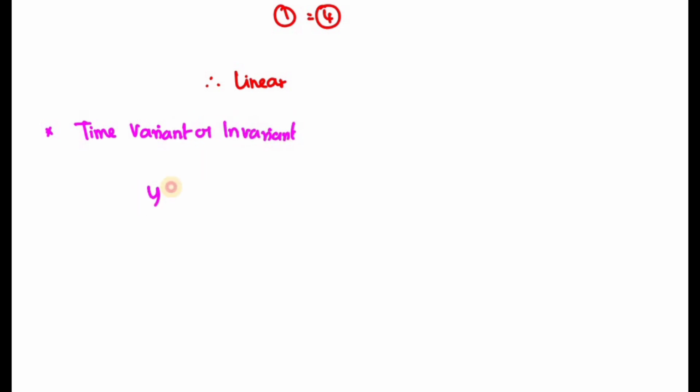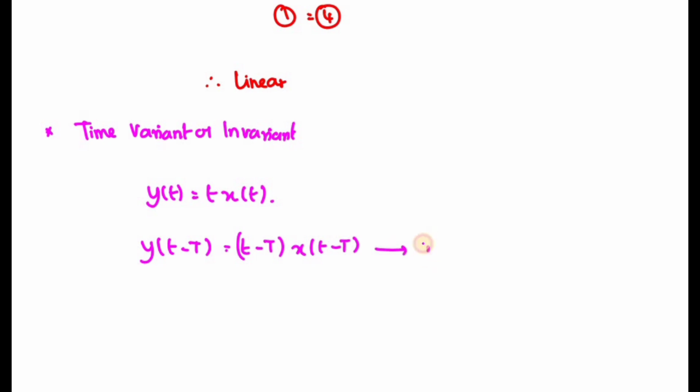So this is my equation y of t equal to t into x of t. So first you have to shift the time t of y to t minus T. So if you do that, you will get y of t minus T is equal to t minus T into x of t minus T. So this is your first equation. Okay.